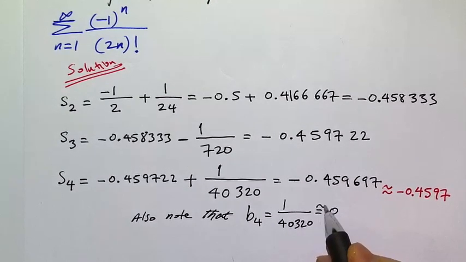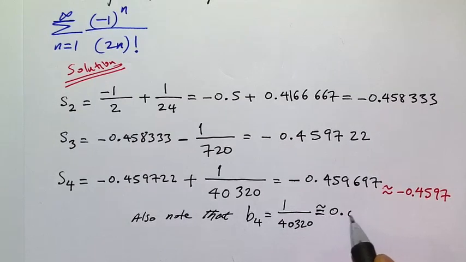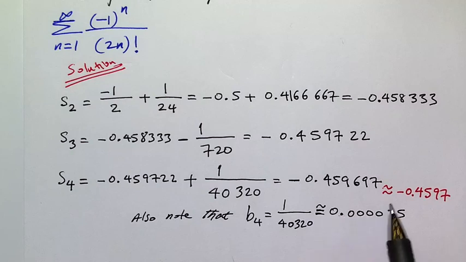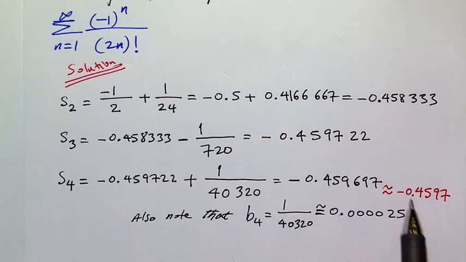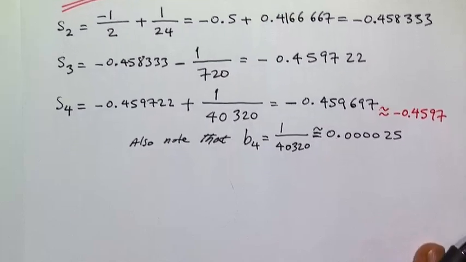We get, roughly, 0.000025. Look at that. So you have 4 zeros after the decimal place, which means adding this to the previous value isn't going to change the fourth decimal value that much. So this is correct.